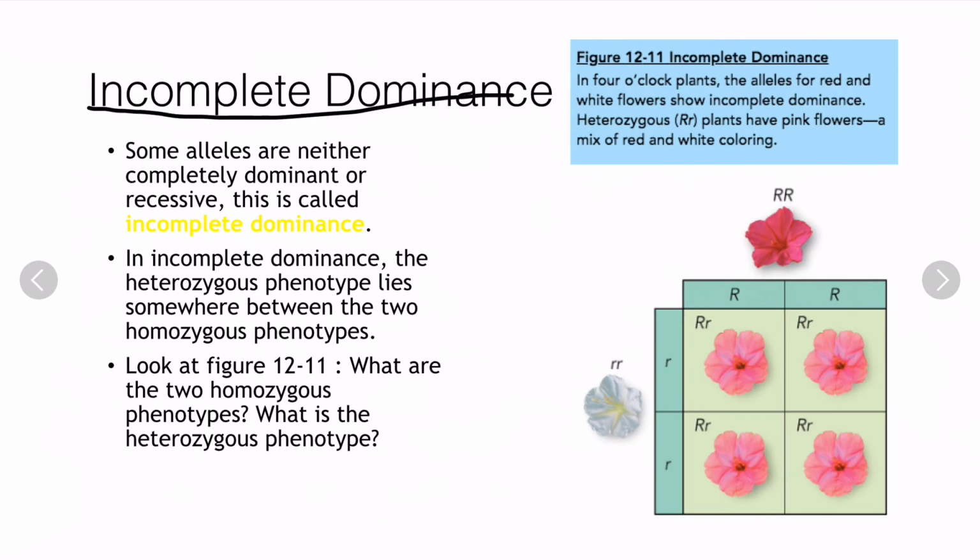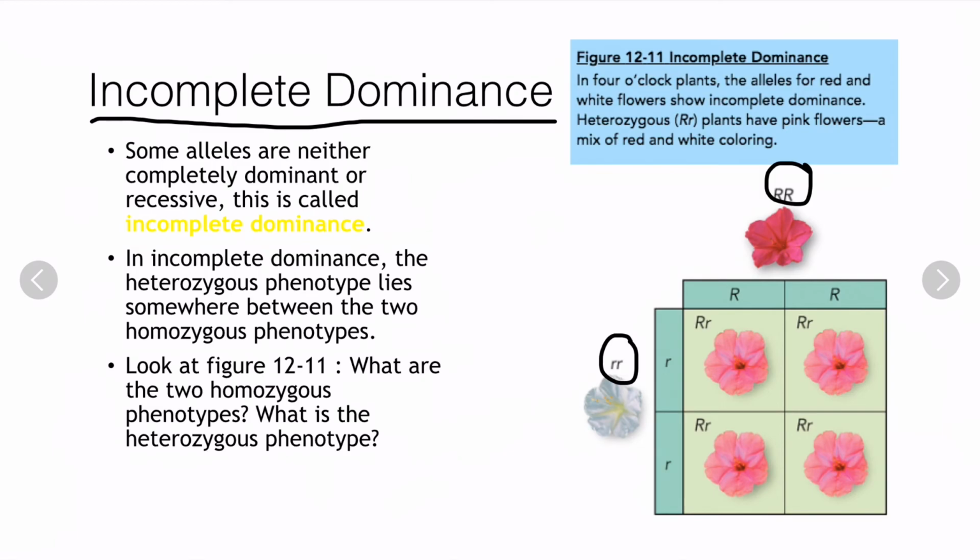Incomplete dominance is when some alleles aren't completely dominant, and we see an expression of both of the alleles, a combination of both of the alleles. So in incomplete dominance, the heterozygous phenotype lies somewhere between the two homozygous phenotypes. What are the two homozygous phenotypes we're crossing here? Big R, big R and little r, little r. Homozygous dominant, homozygous recessive, where it looks like dominant is red and recessive is white.